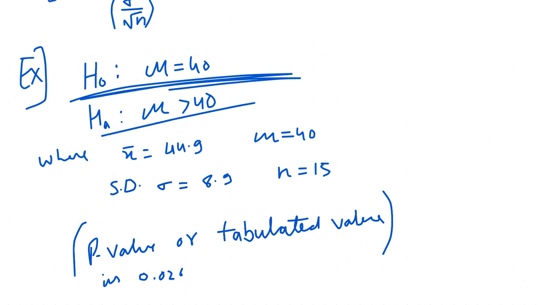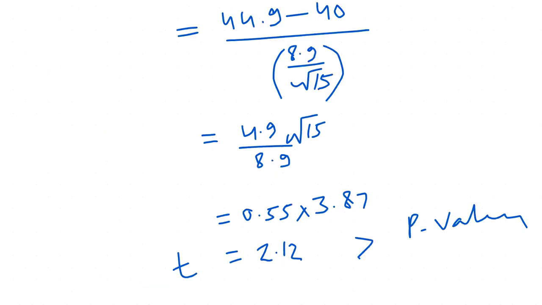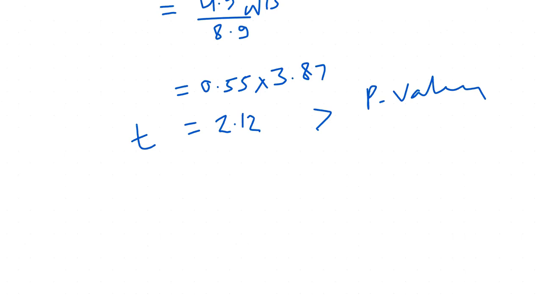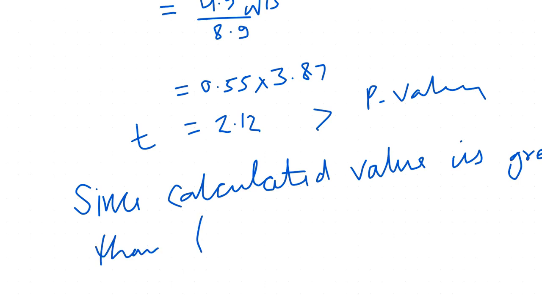So we can conclude: the calculated value is greater than the tabulated value. Hence, we reject the null hypothesis.